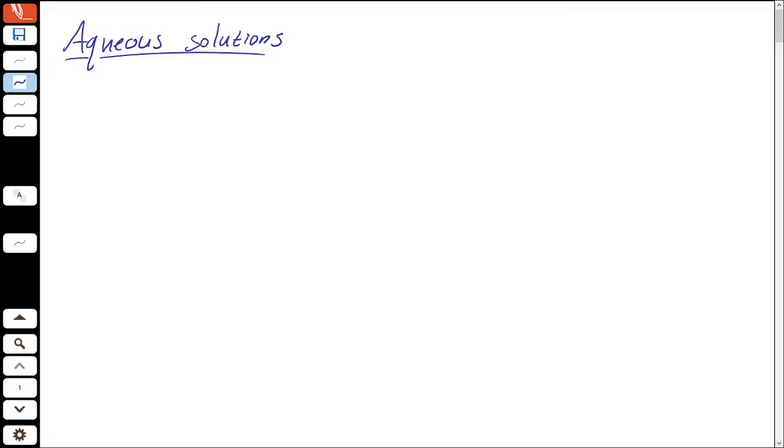All right, so let's define a couple solutions. We're going to define this word electrolyte. Have you heard that term before? You said Gatorade, yes. Is Gatorade an electrolyte? Maybe.